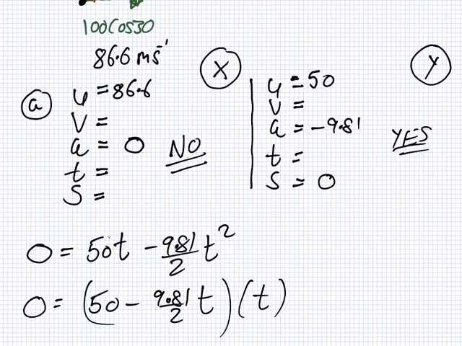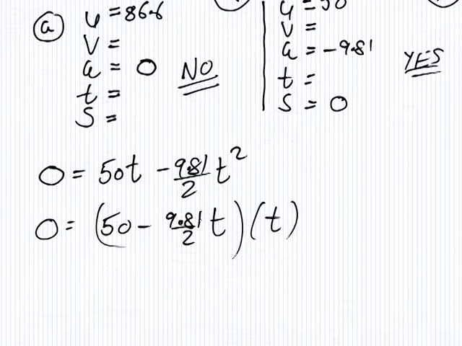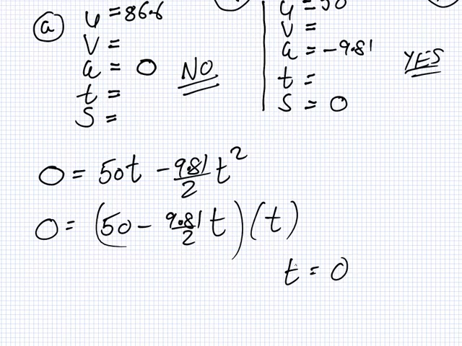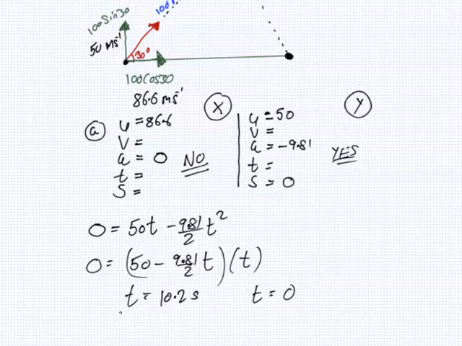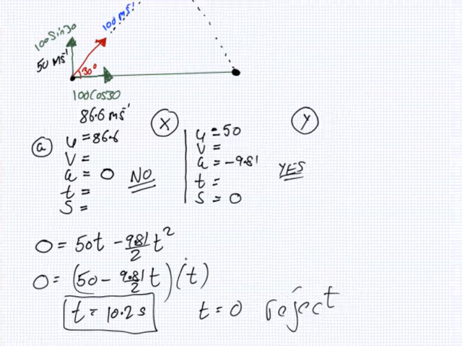I took the t out, it's in common. So I get 2 answers: t equals 0 or t equals whatever this works out at, 10.20. Now which is the right answer? So this is the answer we take, and this answer we reject. So this answers the first part.